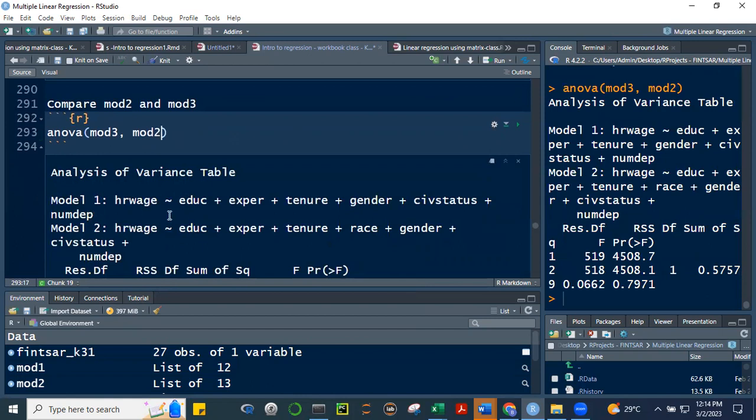Yan. Model 1. So si model 1 natin yung class, yung restricted model, di ba? Restricted model siya. Meron siyang race, no? And model 1 is the restricted model. In this case, no? Ito yung model 3 natin to, di ba? Model 3 is the one where we remove si race. Si model 2 natin is the one with race.